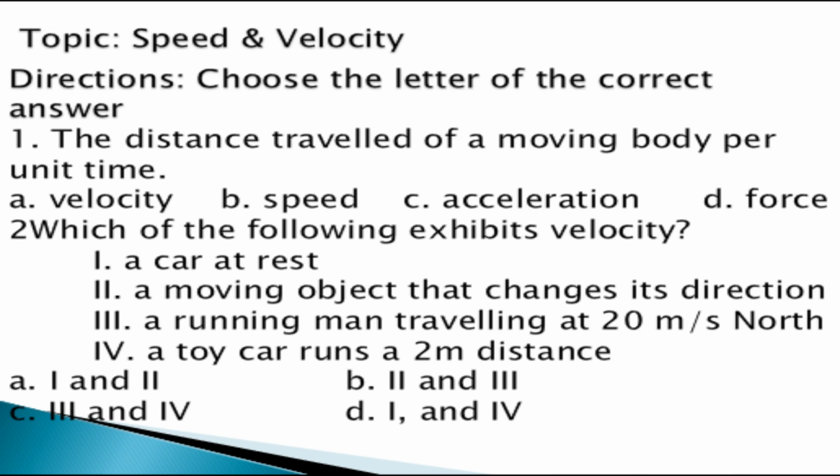And 4, a toy car runs a 2-meter distance. The options are letter A, statements 1 and 2. Letter B, statements 2 and 3. Letter C, statements 3 and 4. And letter D, statements 1 and 4.